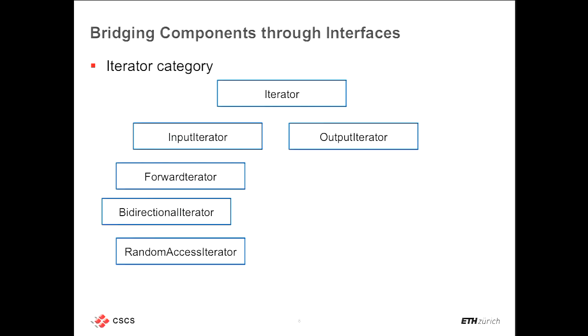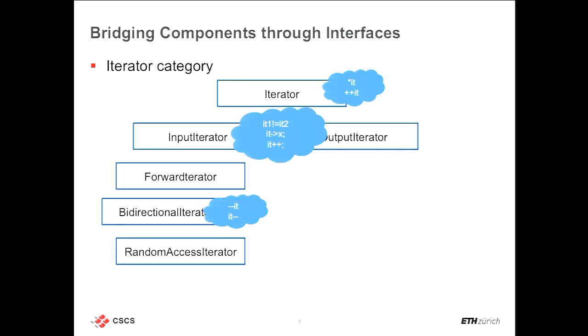And there is the iterator category, which is basically different concepts. There is the iterator, which has the star operation and the plus plus to advance it. We have input and output iterators: one can only read, the other can only write. And they provide a comparison, so it can tell you if two iterators are the same or not, it can dereference, and it can advance also with the post-increment.